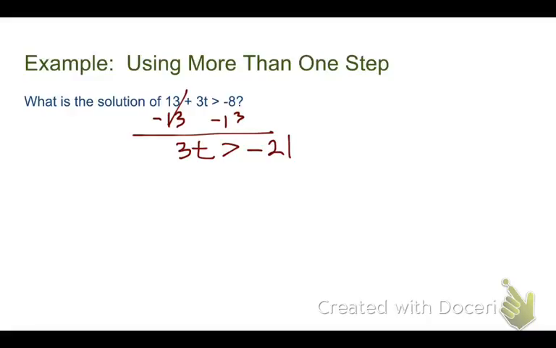And then I would divide by positive 3. Since I'm dividing by a positive number, I don't switch the direction of the inequality. 3 over 3 is 1. So I have 1t, or just t, is greater than negative 21 divided by 3, which is negative 7.